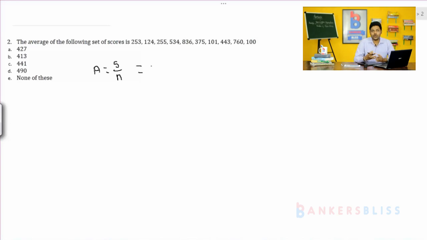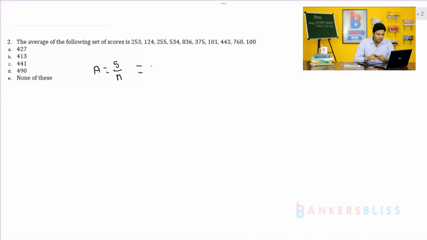In the previous problem what we did, the same thing you continue here also. In 253 you consider only 200, in 124 you consider only 100, in 255 you consider only 200, and in 534 you consider only 500. Like that you do for all the 10 numbers.